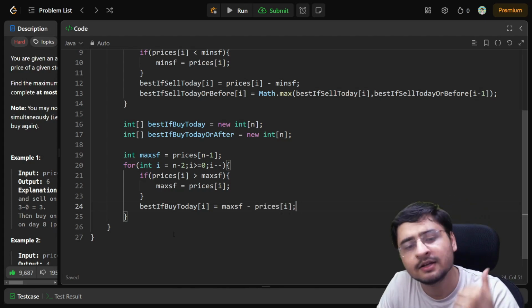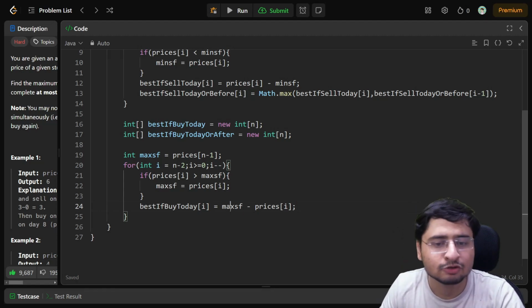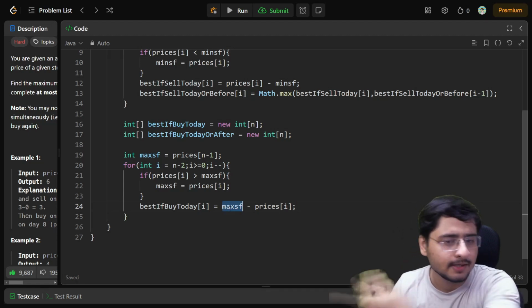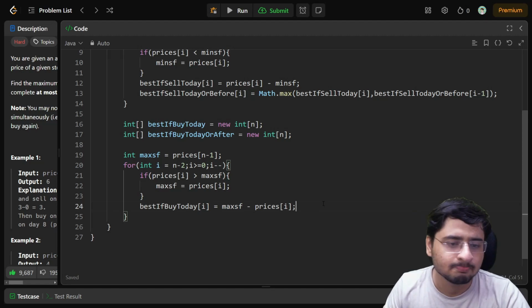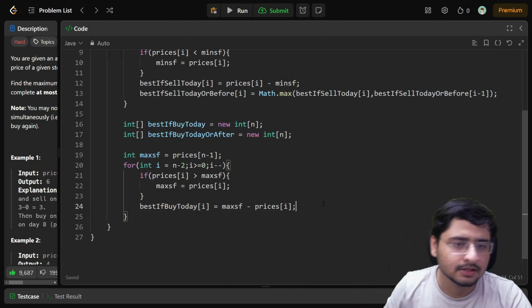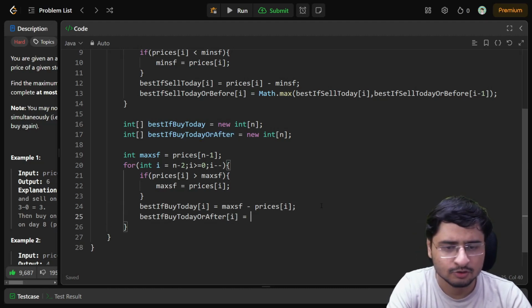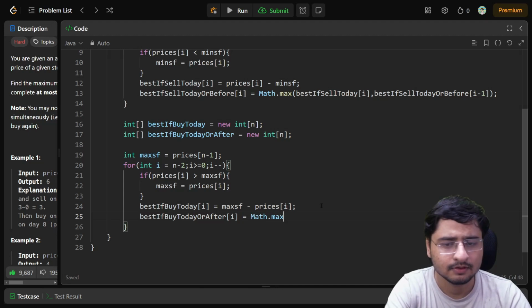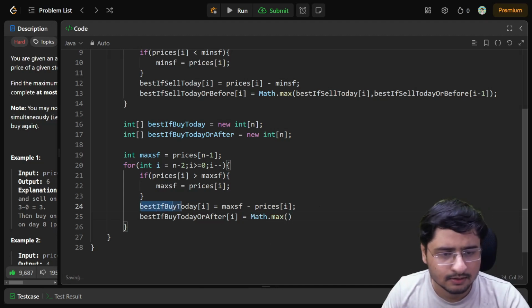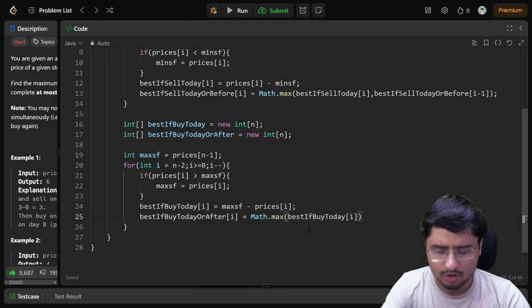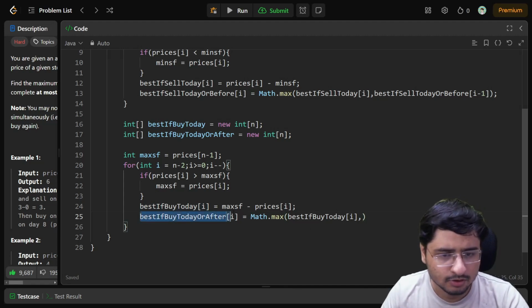Right? I'm buying today, I'm paying the price, and max so far will be the day on which we will be selling. So that will be in the future itself, right? So yeah, this will be the thing for buy today. And for creating this array, best of I is equal to max of this particular value, comma this particular value.